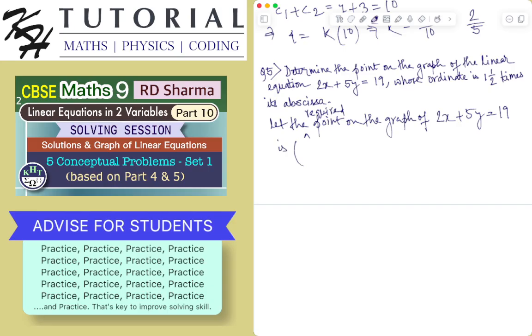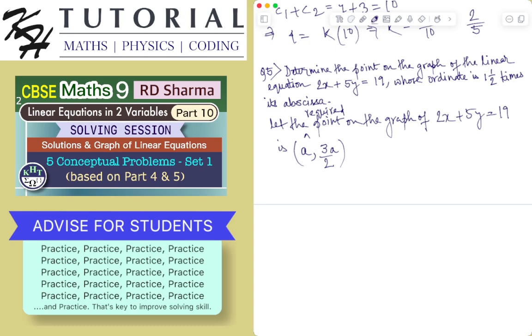If I consider the abscissa as A, then the ordinate will be 1.5 times, that means 3 by 2 A. So this is the form of the coordinates of the point which we have to find, where the ordinate is 1.5 times the abscissa.